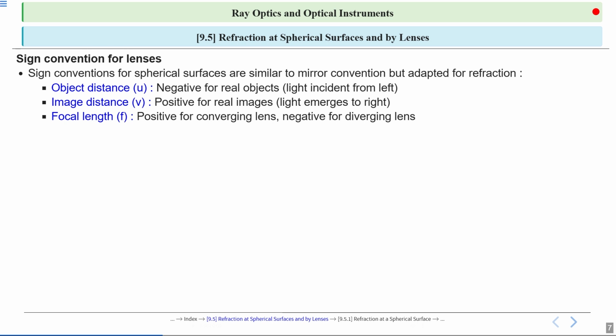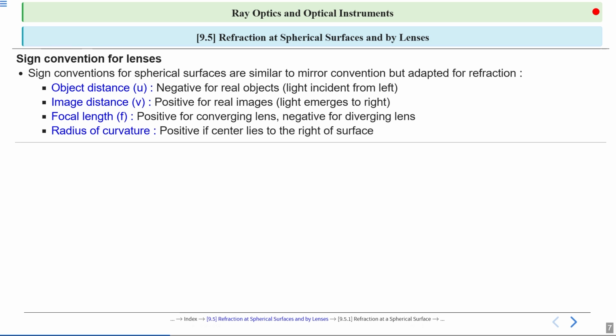And if the light rays after refracting through the spherical surface diverge, then the focal length will be negative for that lens or spherical surface. What is radius of curvature? We have discussed it. Radius of curvature is positive if the lens lies to the right of the surface. This helps us understand the geometry of the lens and how it influences the path of the light.